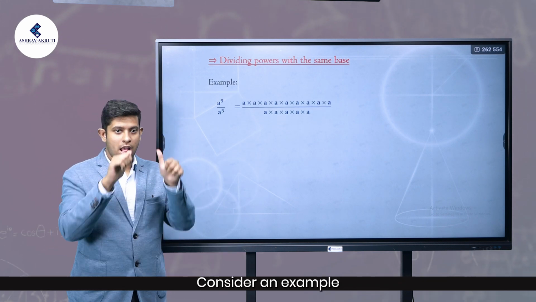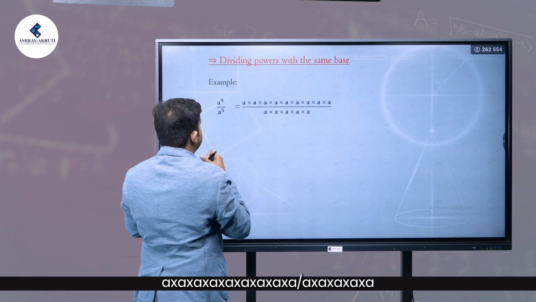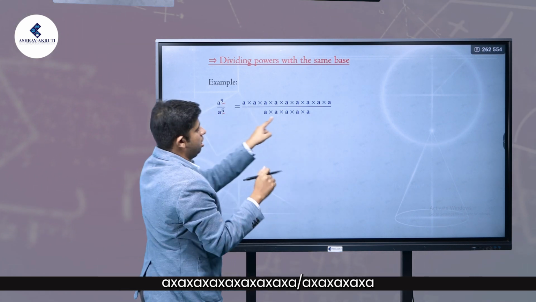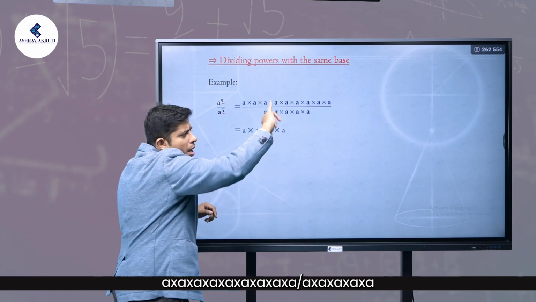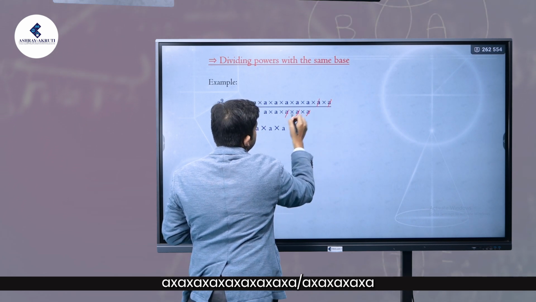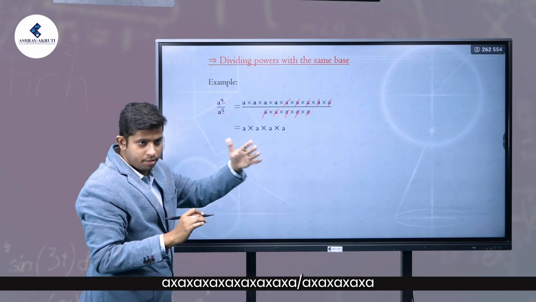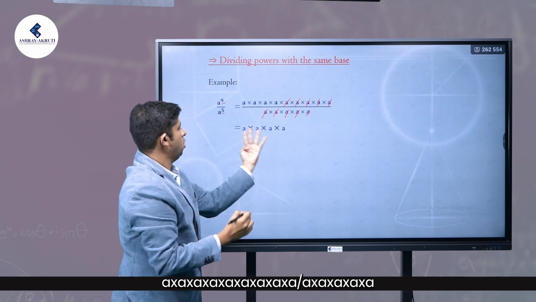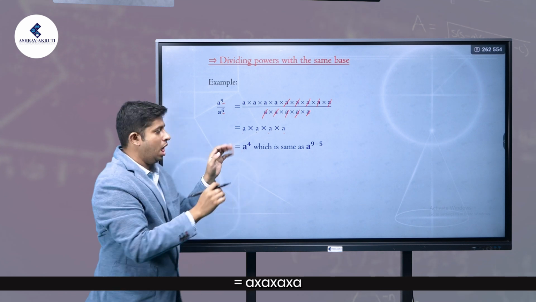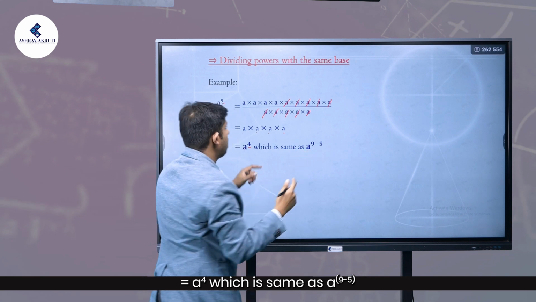Dividing powers with the same base. Consider an example: a to the power of 9 by a to the power of 5 is equal to a into a, nine times, divided by a into a into a into a into a. This is equal to a into a into a into a, which is a to the power of 4, the same as a to the power of 9 minus 5.